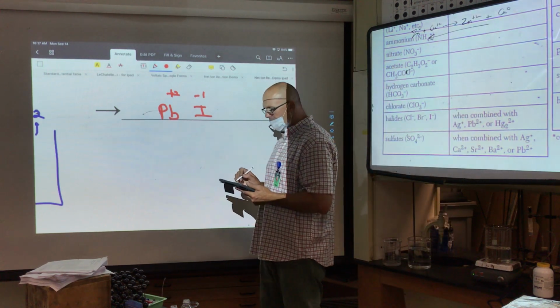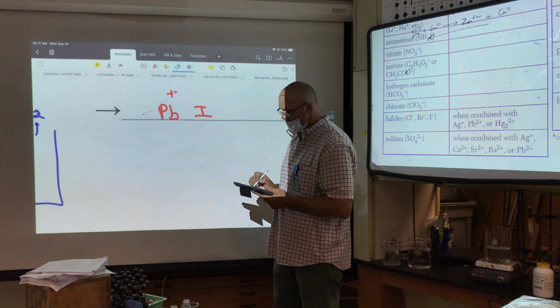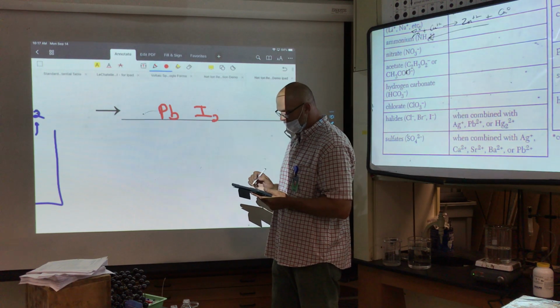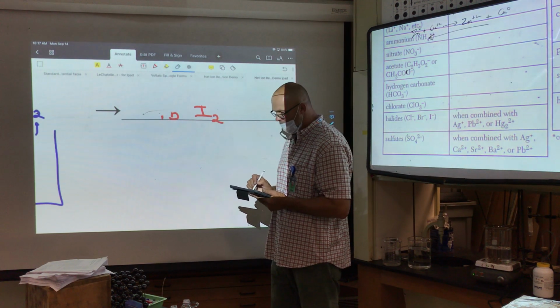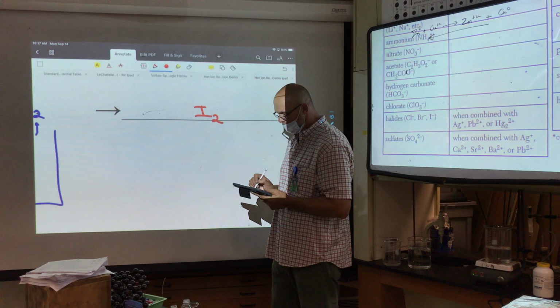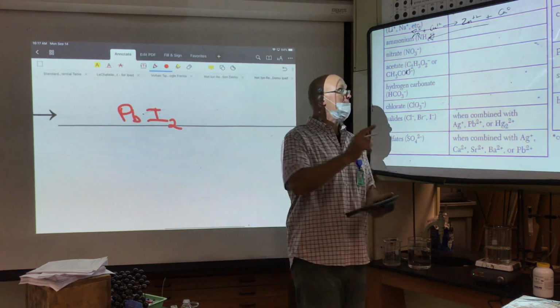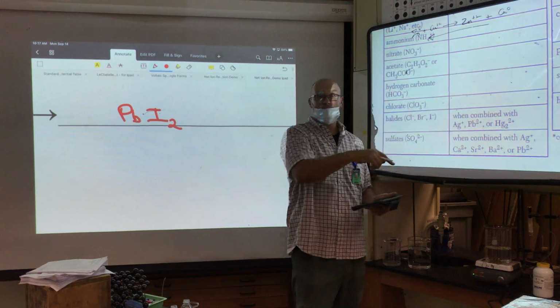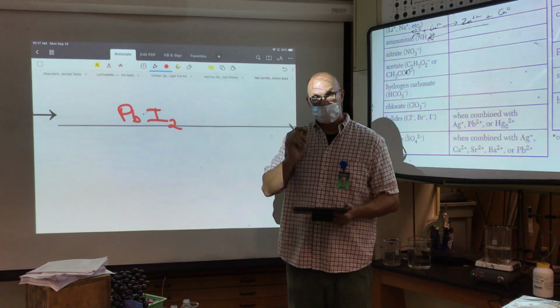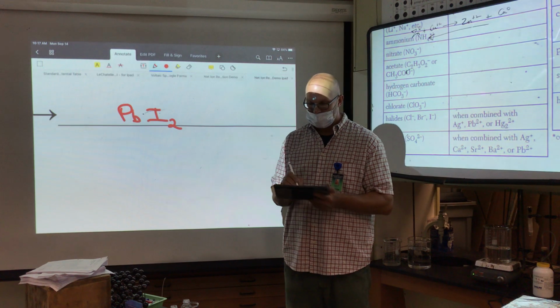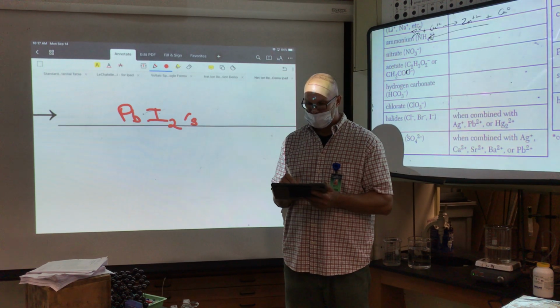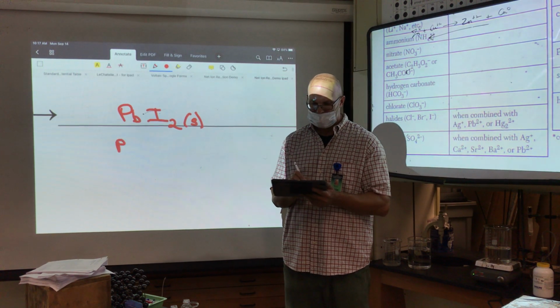But because iodine's -1, don't I need 2 of them? Yes. So this becomes PbI2, called lead iodide. And because it's not soluble, will it be aqueous? What phase will it be? It would be solid. Right. And we call this a precipitate.